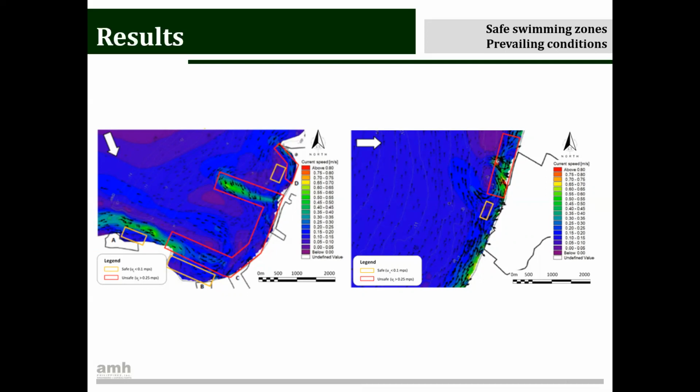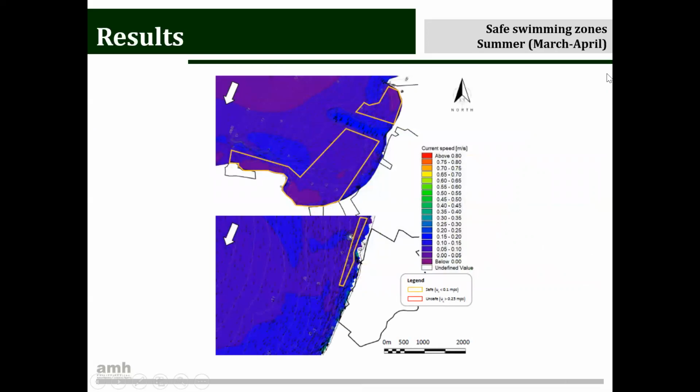This slide shows the safe swimming zones during the prevailing conditions. For the summer months of March and April, the safe swimming zones are as shown. They are larger in area in location 1 than in location 2.